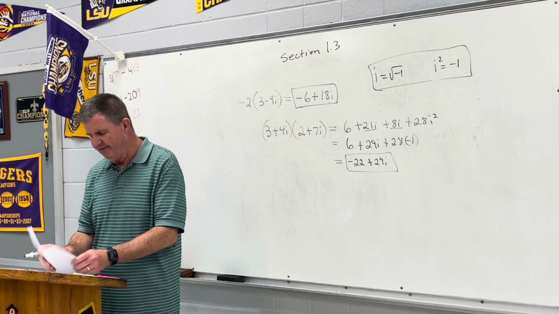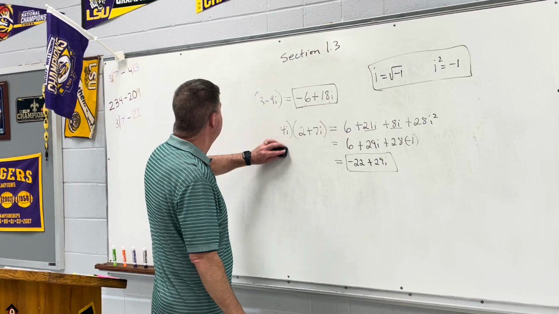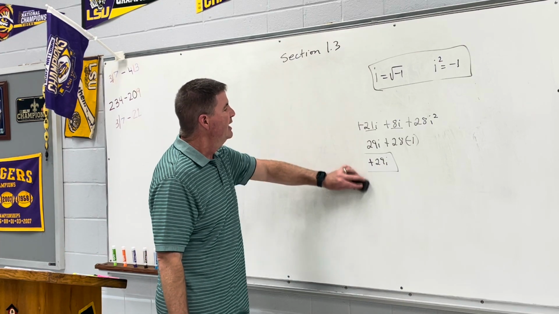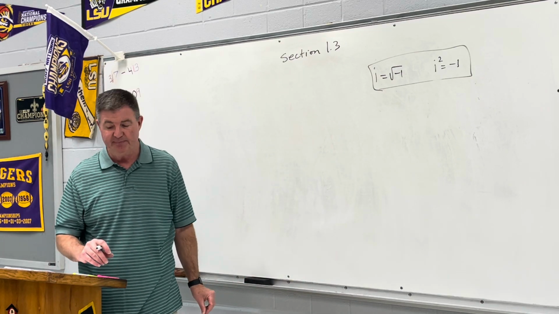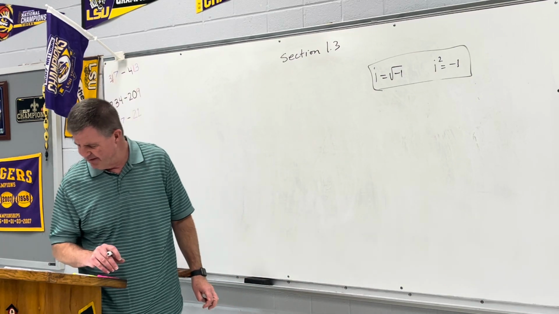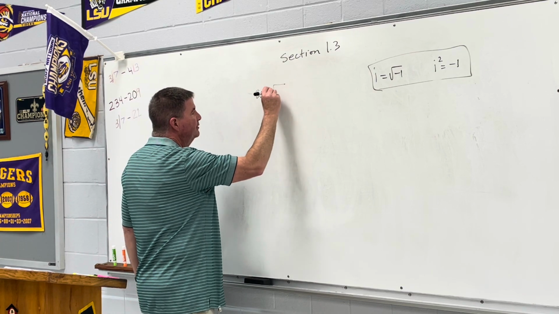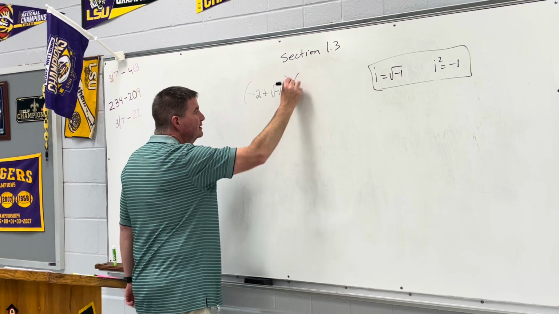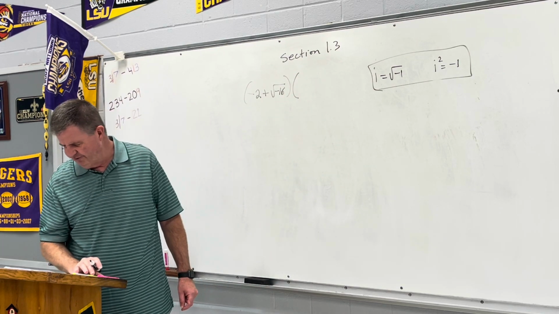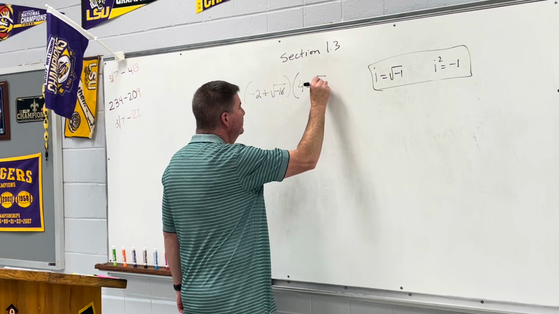Suppose we have something that looks a little bit different, but we can always handle it. We usually handle it by bringing it back to a plus bi. Suppose I have negative 2 plus the square root of negative 16 times 4 minus the square root of negative 9.